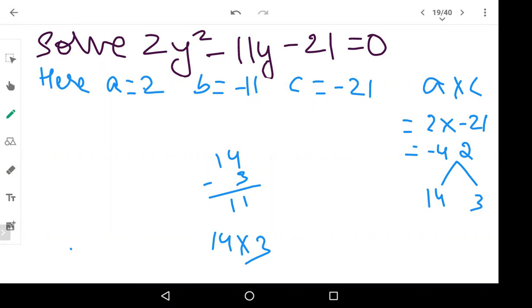So which one you will put minus? Minus 14, the bigger number if we give minus. So minus 14 and 3 will give me minus 11.